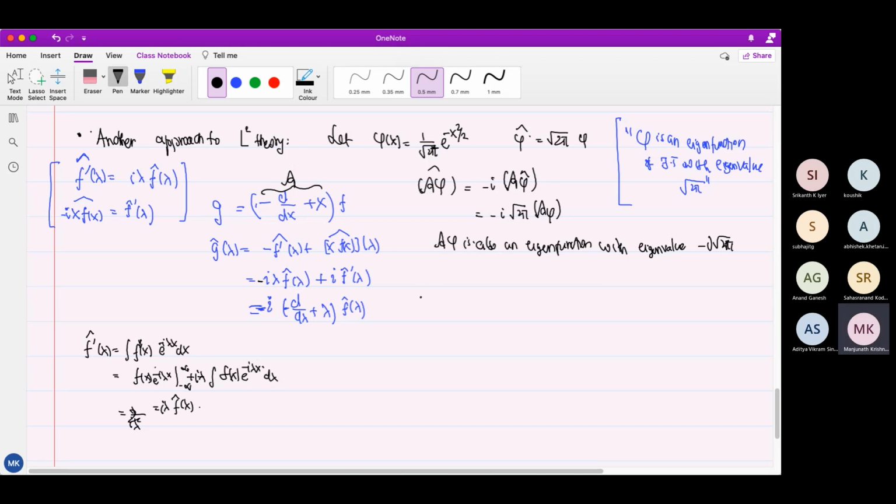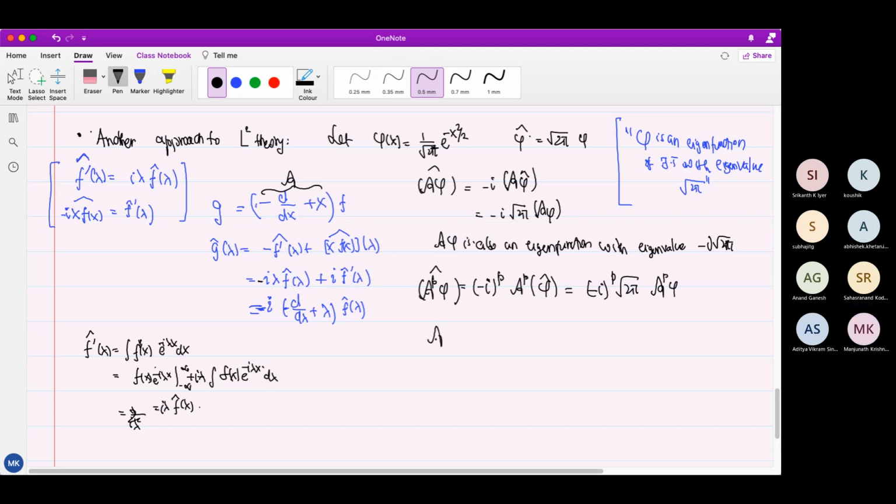You can keep continuing like this. More generally, you can take A to the p applied to phi hat. You keep doing this inductively, each time you apply it you get minus i, so you get minus i to the power p times A to the p applied to phi hat. That will pull out a factor of square root 2 pi, and you get A to the p phi.